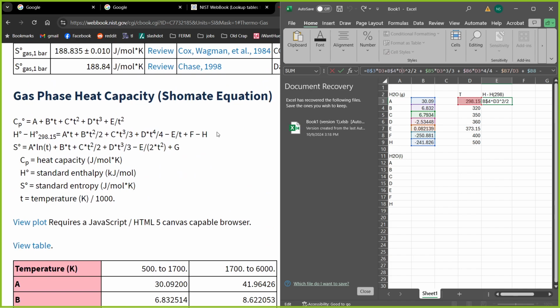A times T plus B times T squared. Has anyone seen any problems yet? There should be 0, and it was 0 yesterday. Why is this not working now? Minus B9. Did you miss any parentheses? That's what always gets me.